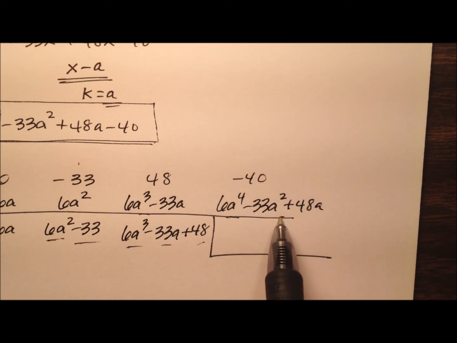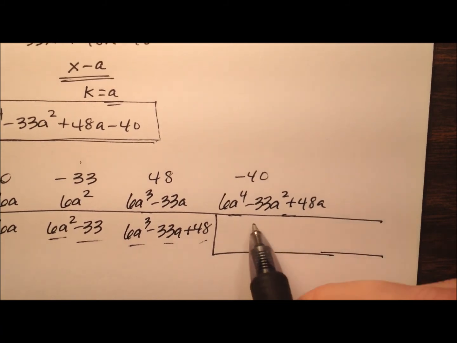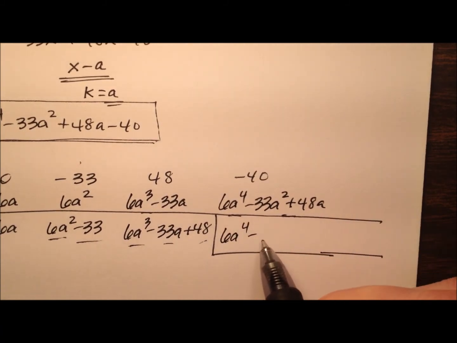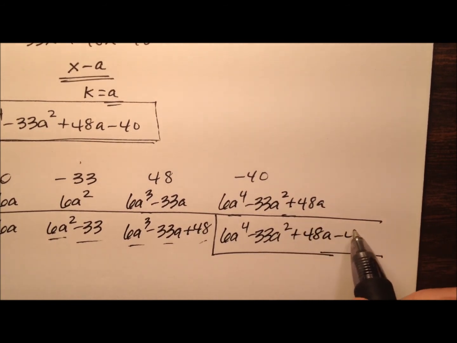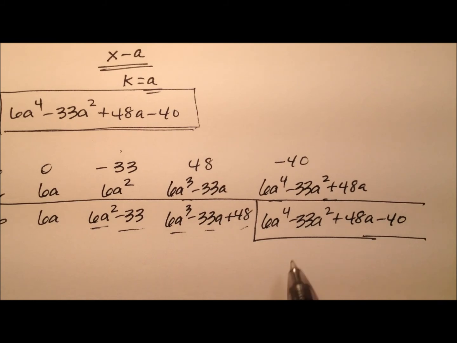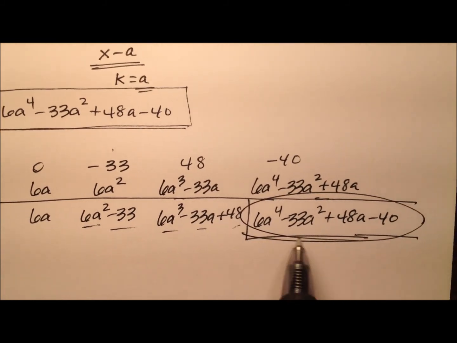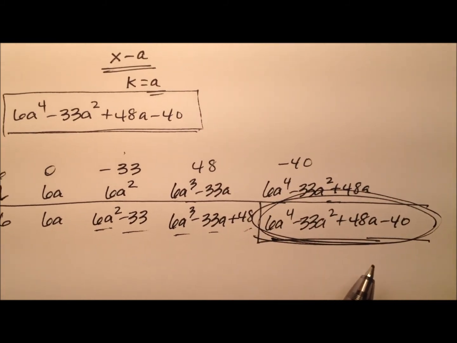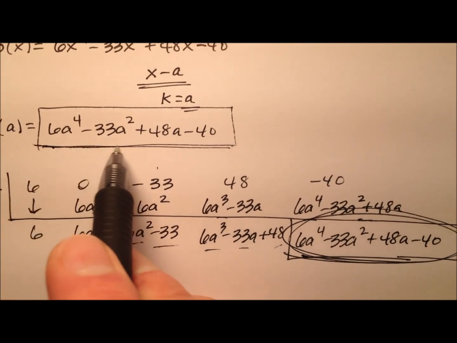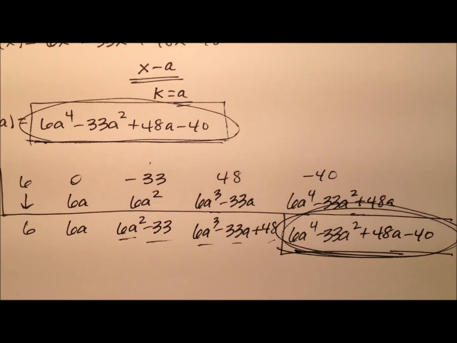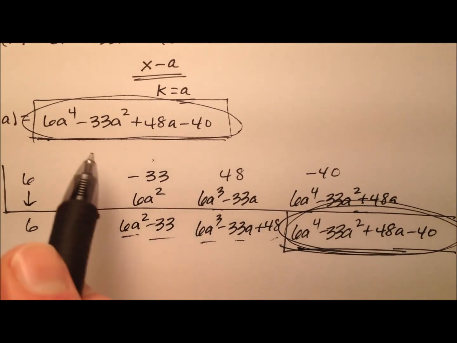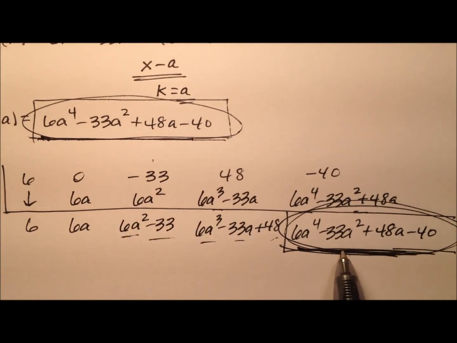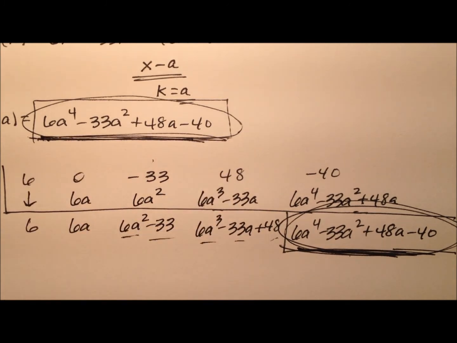Adding these up, here's my remainder: 6a to the fourth minus 33a squared plus 48a minus 40. And lo and behold, this expression, which I have for the remainder, is the exact same expression I had when I evaluated the function at a. So this is why we can say that the remainder is the same as what I get when I evaluate the function right there.